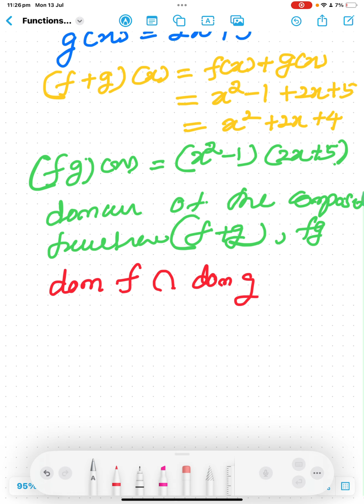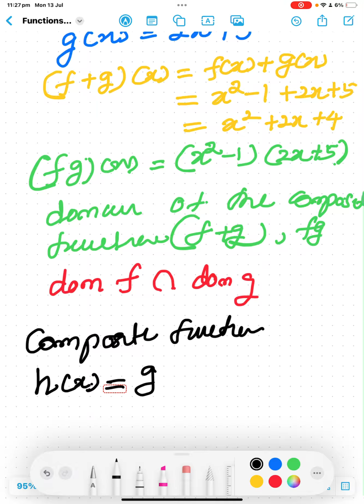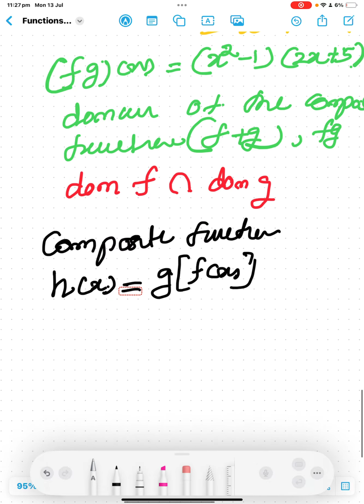Next we talk about the composite function. In the composite function, we look at a function through another function. Let's say h is the composite function of x, and it is function g through function f(x). Example.